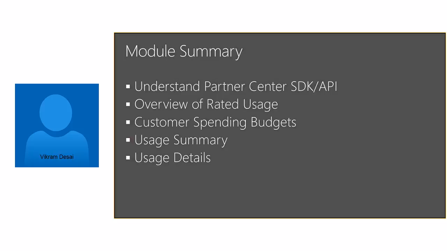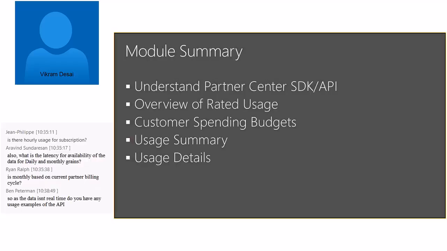I guess there are two pieces to the latency. The latency through the Partner Center API that Ashish talked about is around 24 hours. Yes, 24 to 48, around 24 hours. But as I mentioned, there is also a latency for when a service itself emits the data at the source.